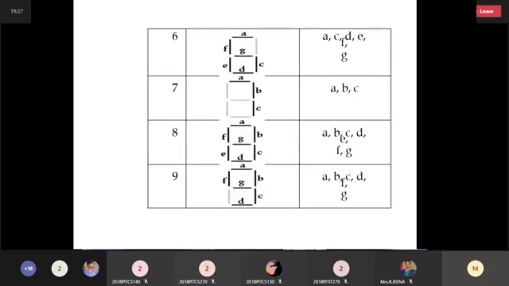In this order, so A, F, G, E, D and C are activated. 7 means A, B, C are activated. 8 means all the segments are activated. 9 means A, B, C, D, G and F are activated. Okay, understand?